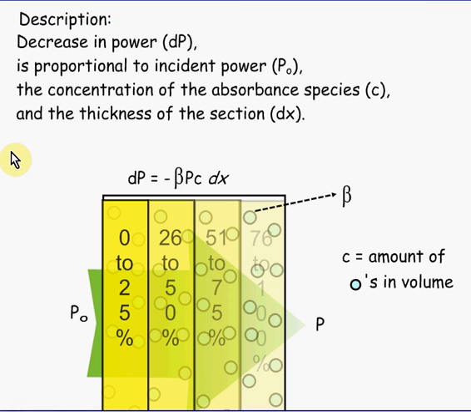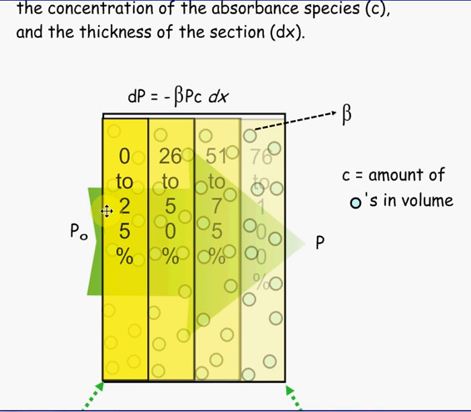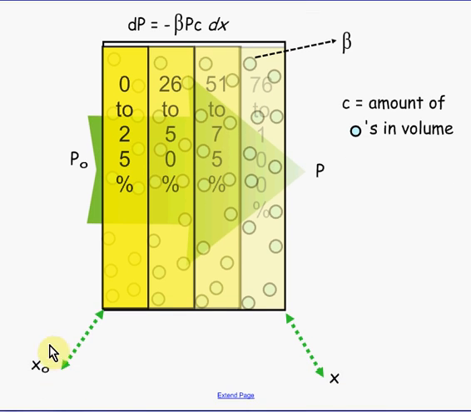Another way to describe what I just mentioned, using a diagram, is the decrease in power. If you consider this green arrow to be the initial power, it decreases as it goes through the interactive volume. In this first rectangular section, 0 to 25% of the path length has been traversed, and so forth: 25 to 50%, 51 to 75%, and 76 to 100%.